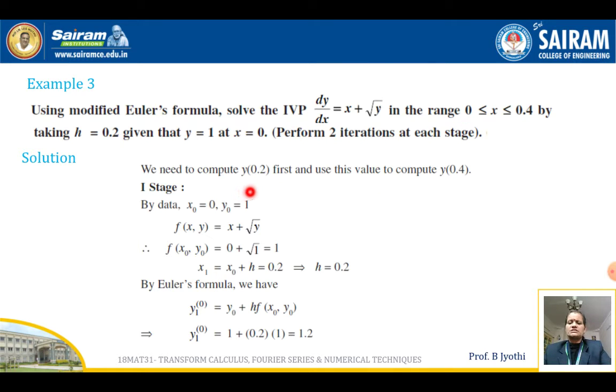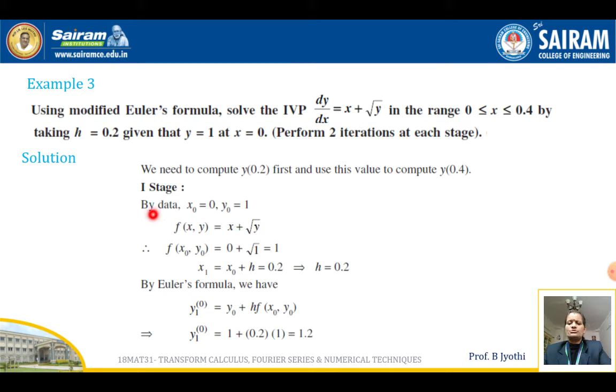In the first stage, we consider x naught as 0 and y naught as 1. With the step size of 0.2, that is x naught plus h, we will get y of 0.2. Later, this y of 0.2 will be used to compute y of 0.4.